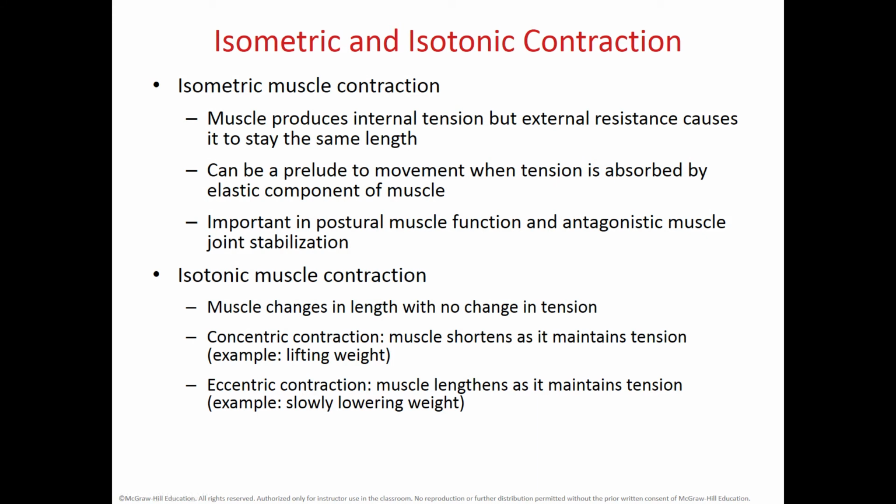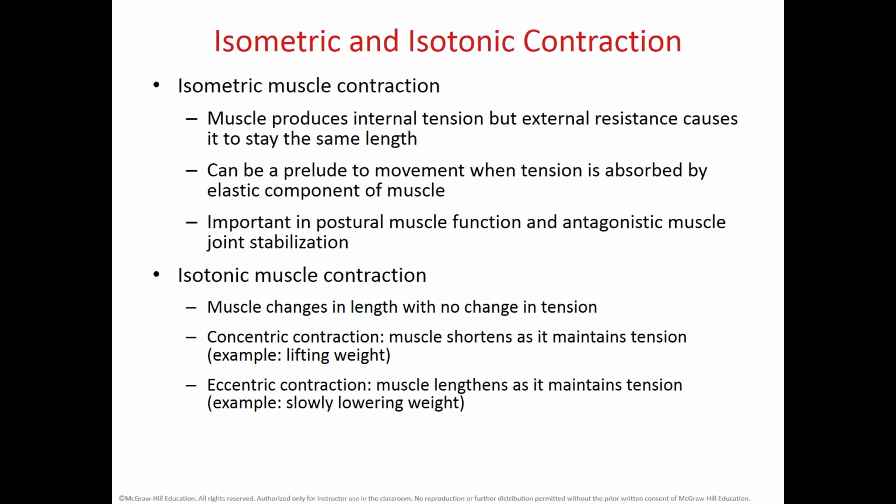And then we have two types of contraction. We have one that is called isometric and another one that is called isotonic. So in isometric contraction, your muscle has a normal internal tension, but the external resistance causes the muscle to stay in the same length.